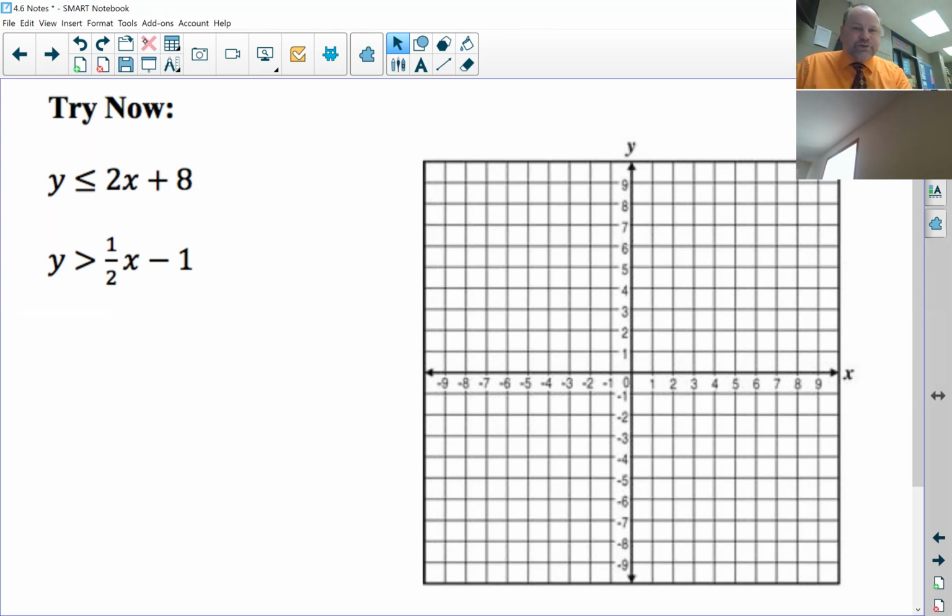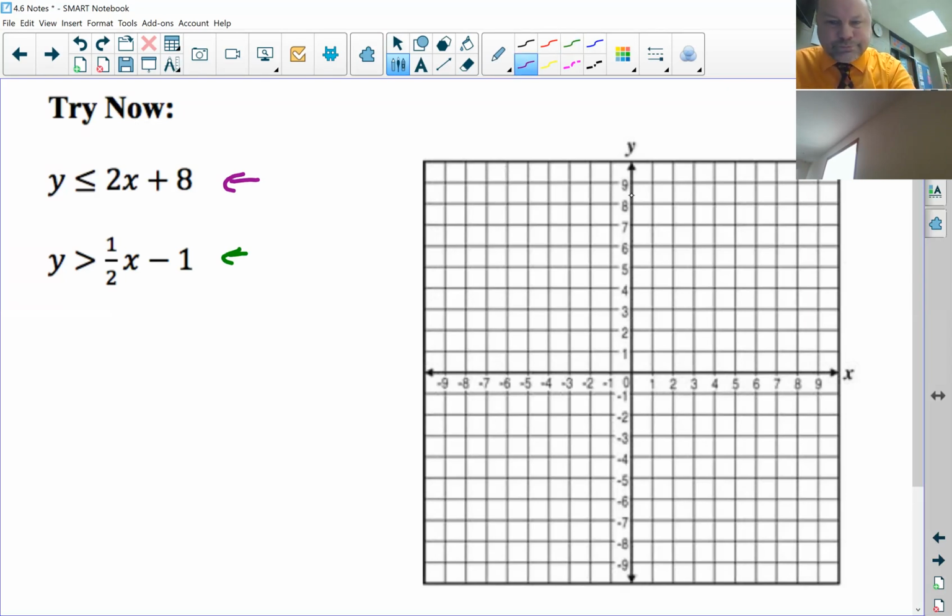All right, so just again, graphing these. Y-intercept at 8, slope of 2.